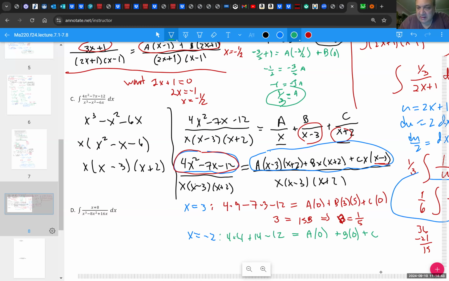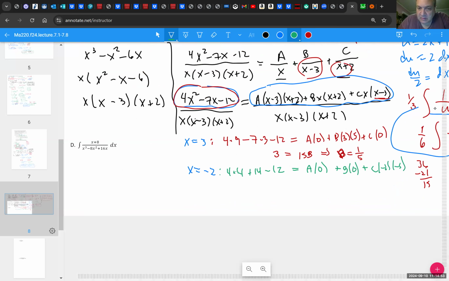And then we get C, and x is -2, and x minus 3 is -5. So cleaning this up a little bit: 4 times 4 is 16, 16 plus 14 is 30, minus 12 is 18. So 18 here. And here I get 0, 0, 0, and 10c, since -2 times -5 is 10. And that means c is equal to 18 over 10, which simplifies to just 9 over 5.